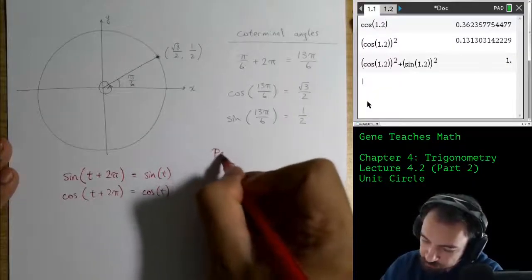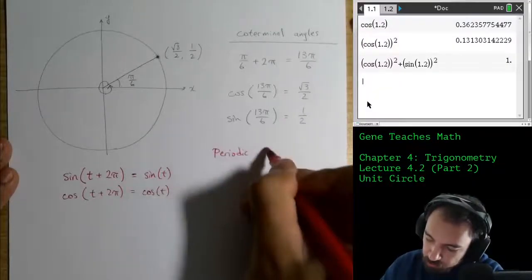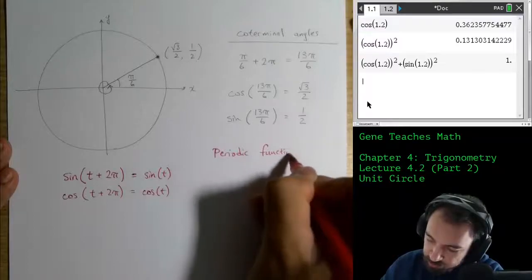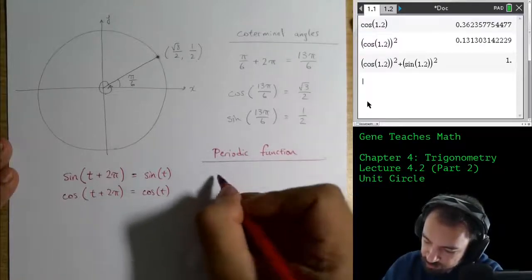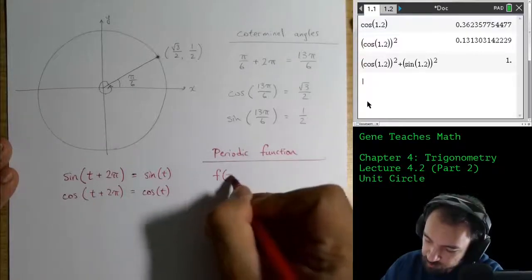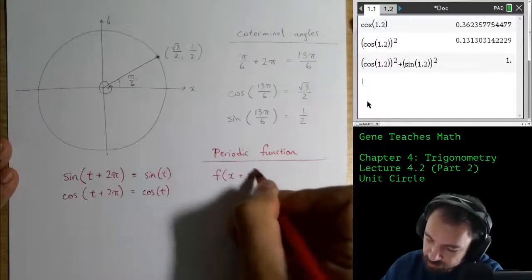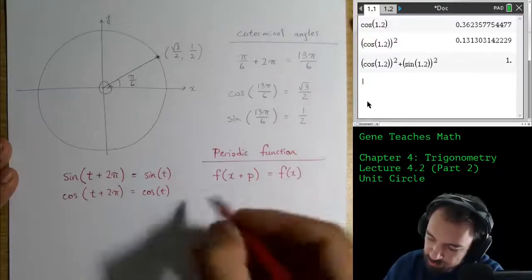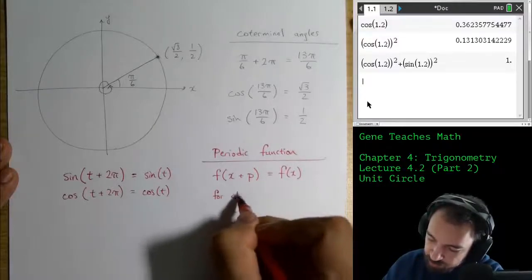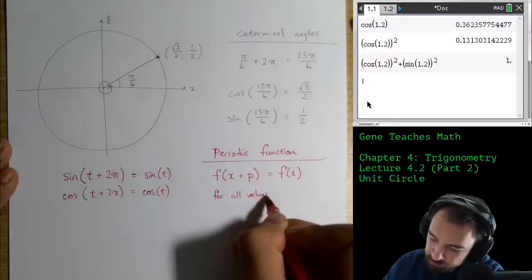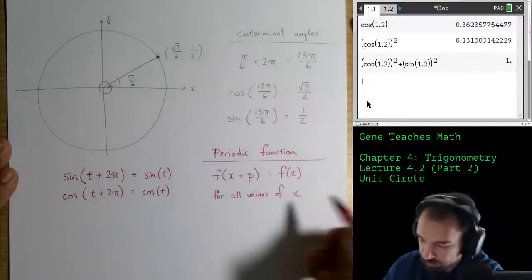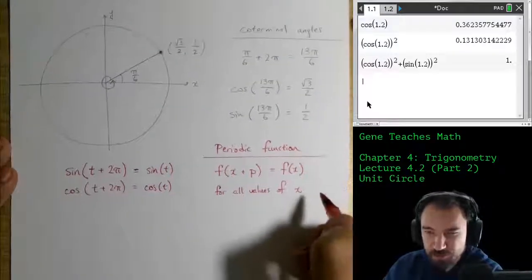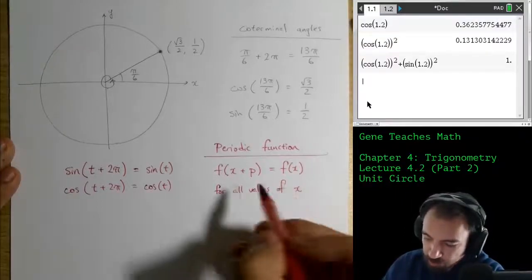This property: we say a periodic function is a function such that f of x plus some constant p is equal to f of x for all values of x. And technically x and x plus p must be in the domain, if we want to get real technical here.